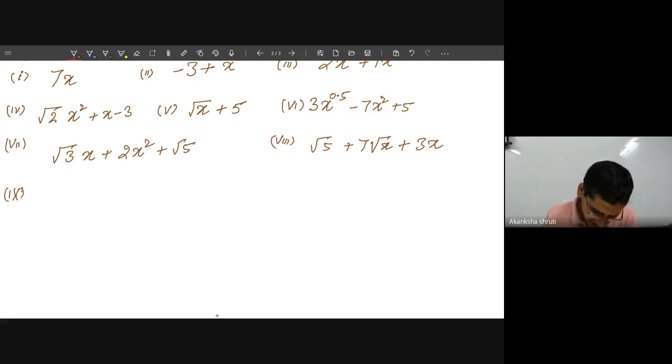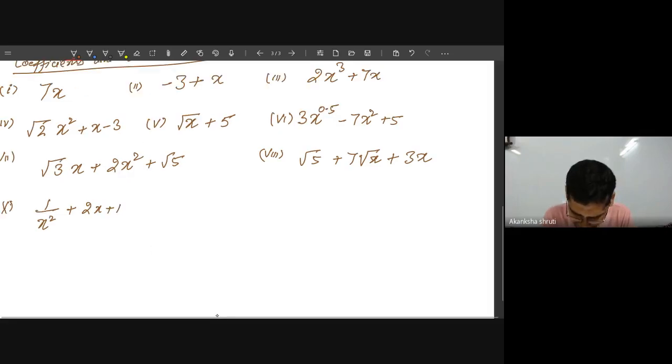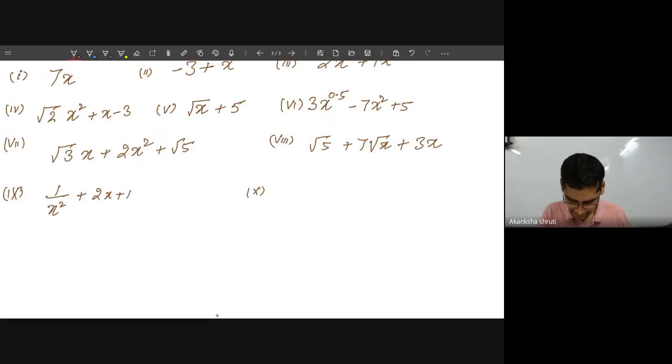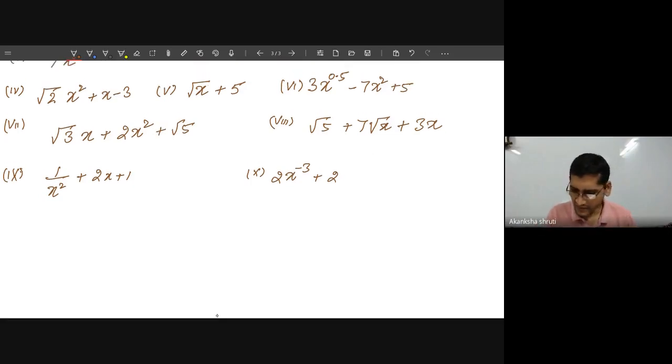The next one is 1 by x square plus 2x plus 1. The 10th one is x to the power minus 3 or 2x to the power minus 3 plus 2. All right, 2x plus 4.